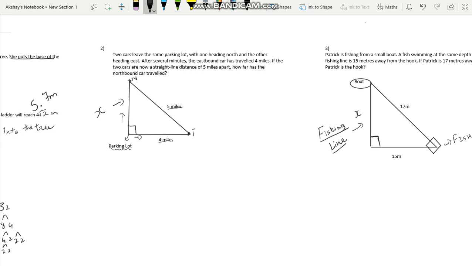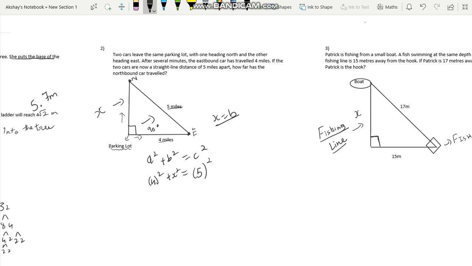This is our eastbound car. So to do this, again, Pythagorean theorem, a squared plus b squared is equal to c squared. My c squared is always my hypotenuse, opposite to the 90-degree angle. So 5 squared. a and b are interchangeable, I'm going to say a is 4, so 4 squared plus x squared, where x is equal to b.